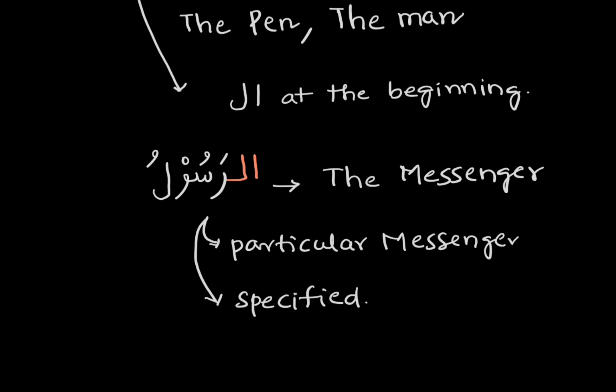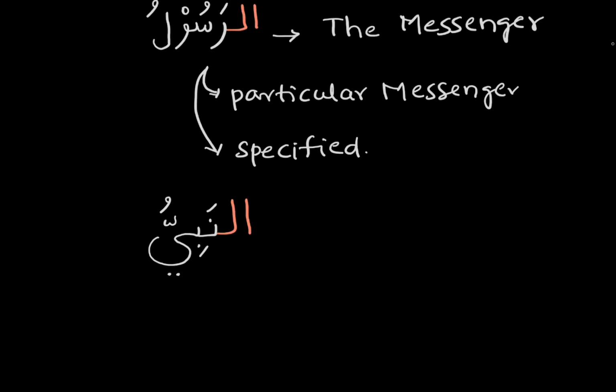So such nouns are definite nouns. Similarly, an-nabiyyu. If you see an-nabiyyu, it also starts with alif lam, so it is also a definite noun. An-nabiyyu means the prophet.